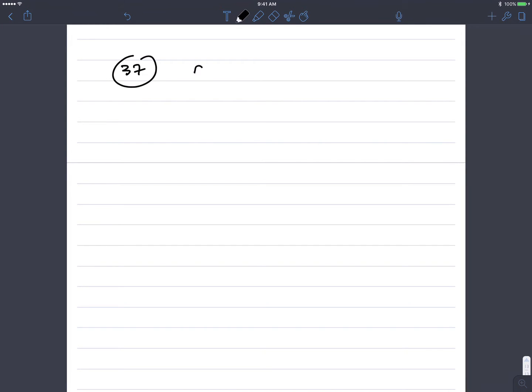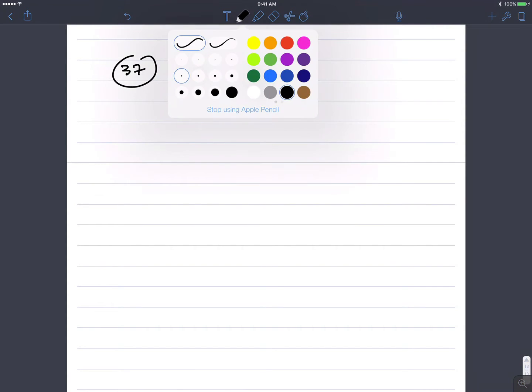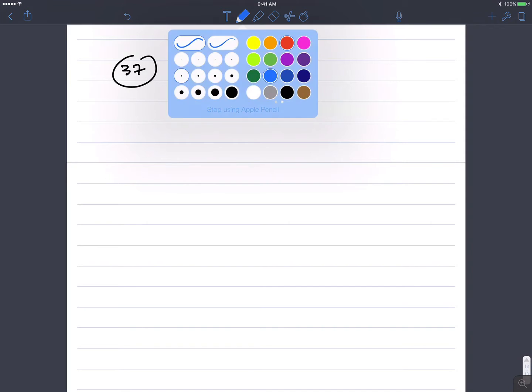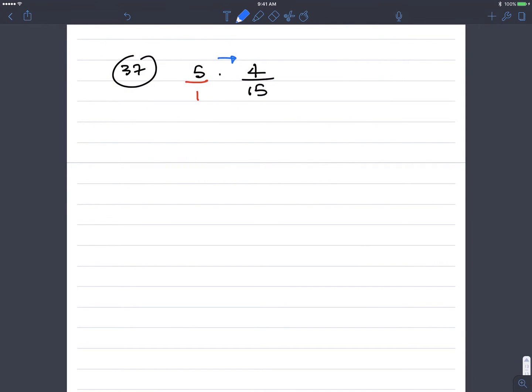5 times 14 over 15. A whole number, 5, multiplied by a fraction. So I can write my whole number as a fraction, 5 over 1. And don't forget that when you multiply, you multiply horizontally across.